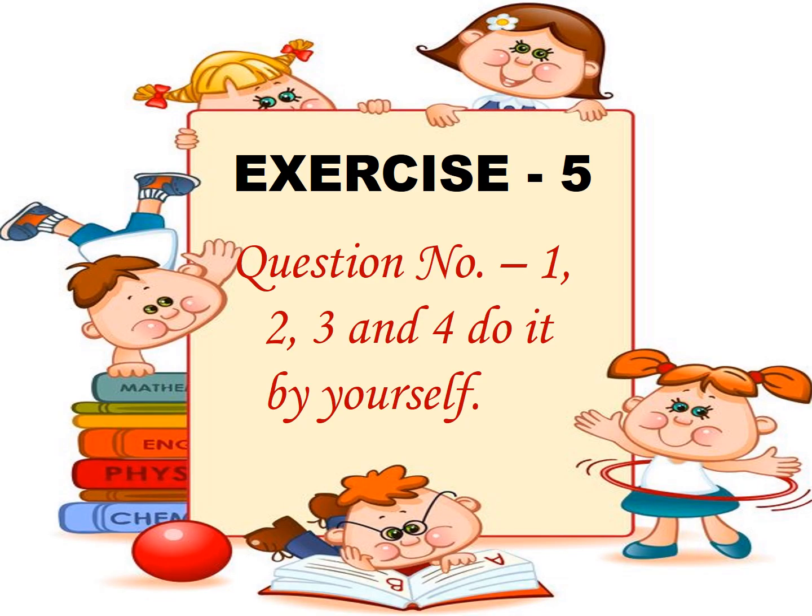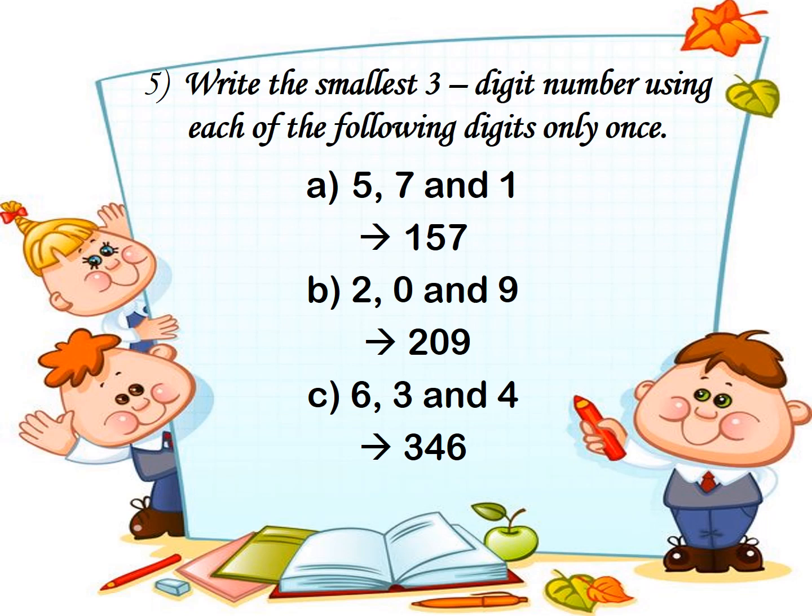Exercise 5. Question number 1, 2, 3 and 4. Do it by yourself. Move to question number 3. The smallest 3-digit number using each of the following digits only once. So you have to use the digit only once and make the smallest 3-digit number.